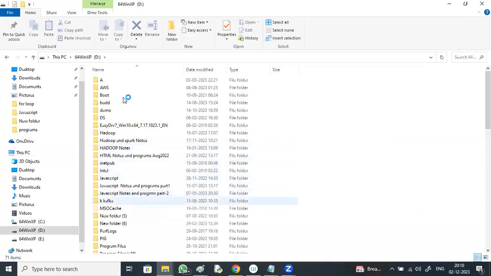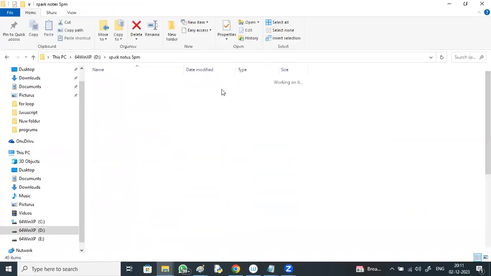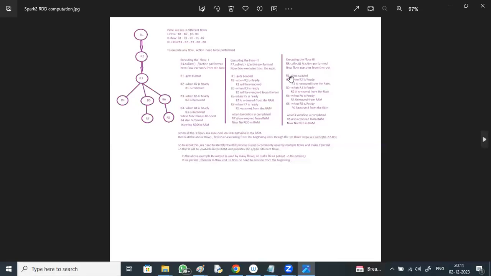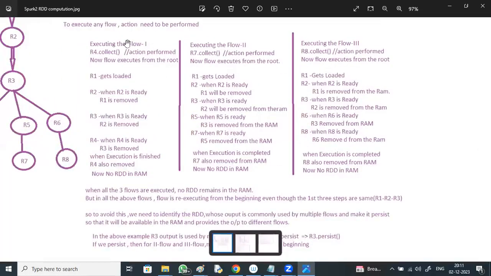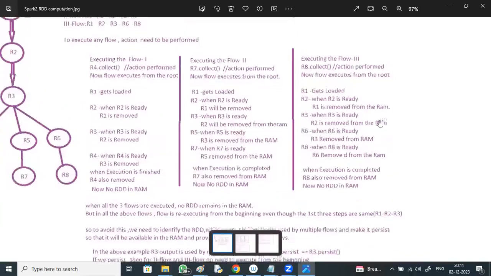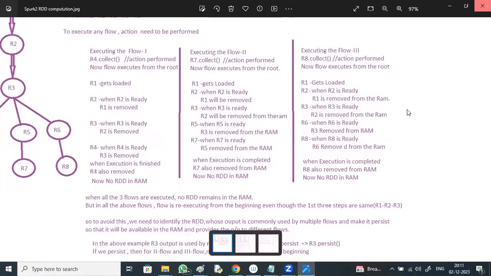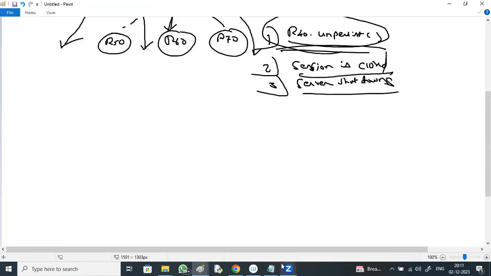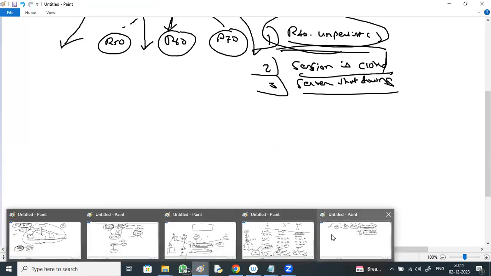Executing flow 1, executing flow 2, executing flow 3, how they are getting loaded. The notes and everything will be available in the recording drive. I'll be forwarding either through mail or WhatsApp.